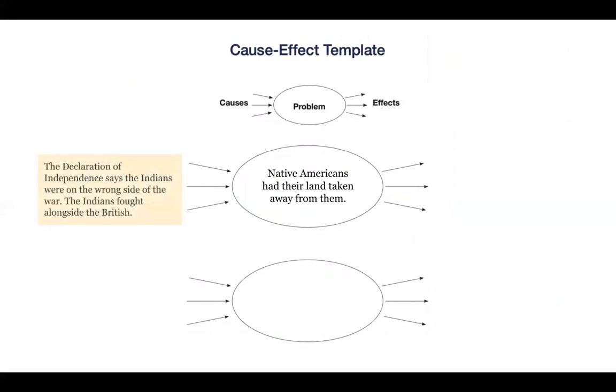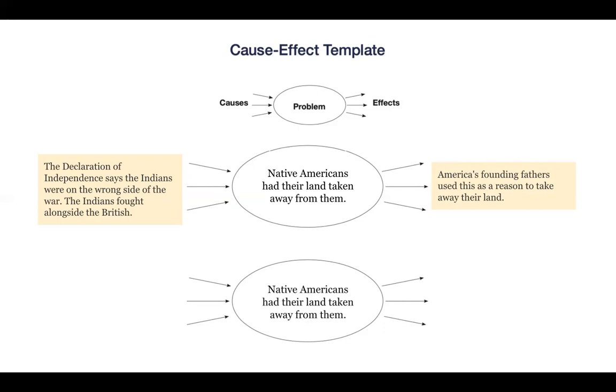A cause is that the Declaration of Independence said that the Native Americans were on the wrong side of the war because the Native Americans fought alongside the British. The effect is that America's founding fathers used this as a reason to take away their land.